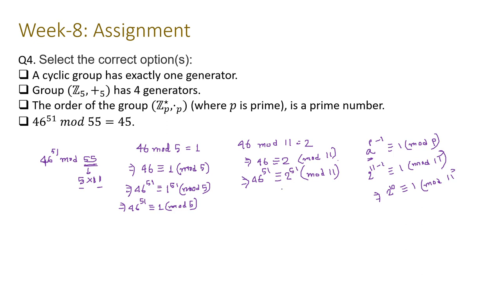Now we use this. Here we have 2 to the power 51, so we can write this as 2 to the power 50 into 2, since I am breaking 51 into 50 plus 1, that is 2 to the power 1, mod 11.